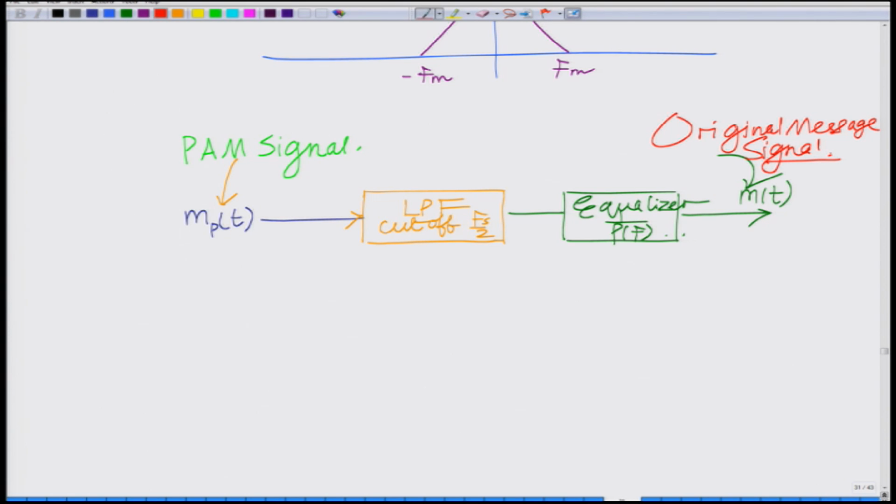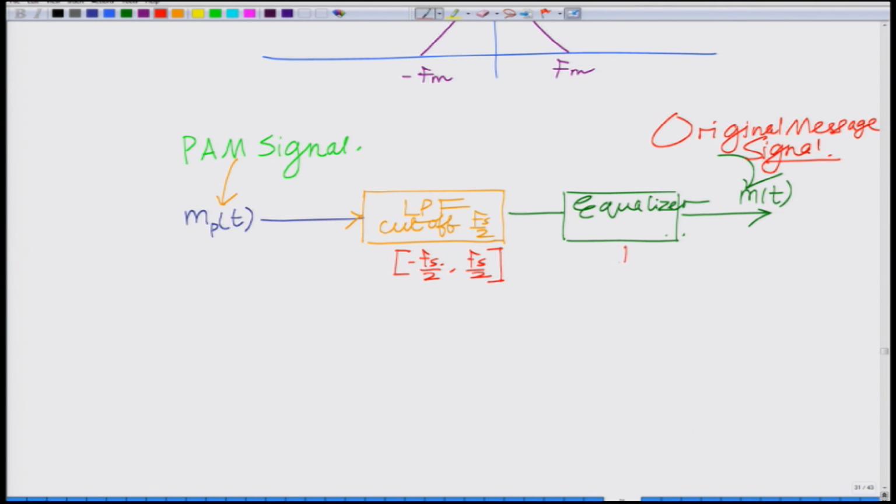Okay. So, you take the PAM signal, you have your low pass filter, that is low pass filter between minus Fs by 2 to Fs by 2, okay, that is the pass band of this low pass filter, cutoff frequency at Fs by 2, okay. And then you pass it through an equalizer.